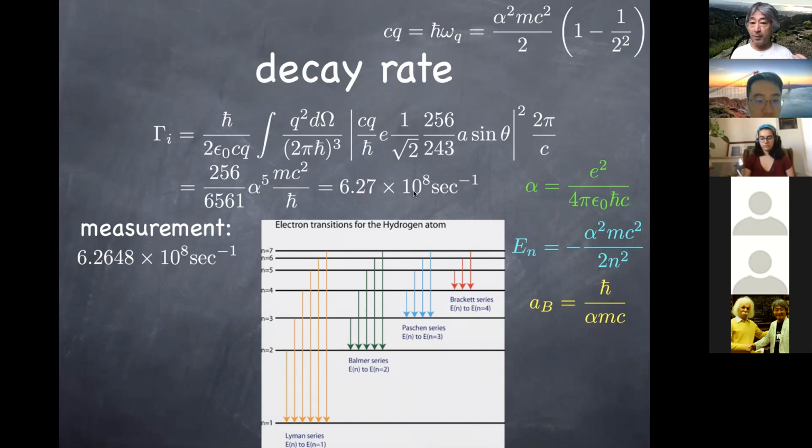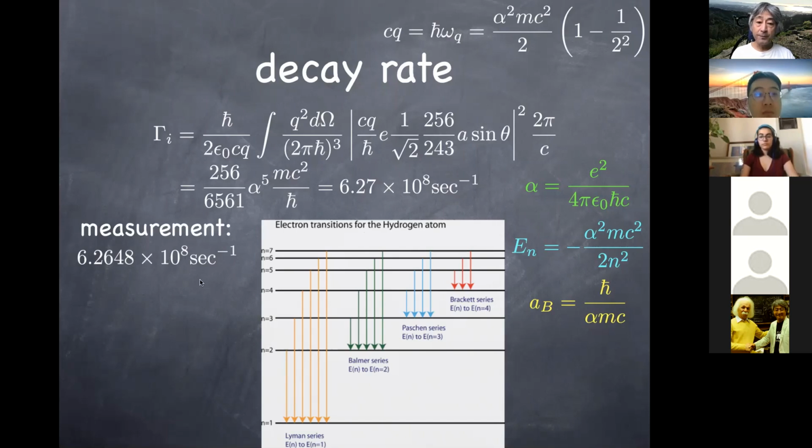We shouldn't use dipole approximation. We probably need to keep the higher orders. There may be some other corrections we have to get involved. The m has to be the reduced mass instead of the mass of the electron, and so on and so forth. But at least you see the overall agreement between the simple computation we have done and the measured value.